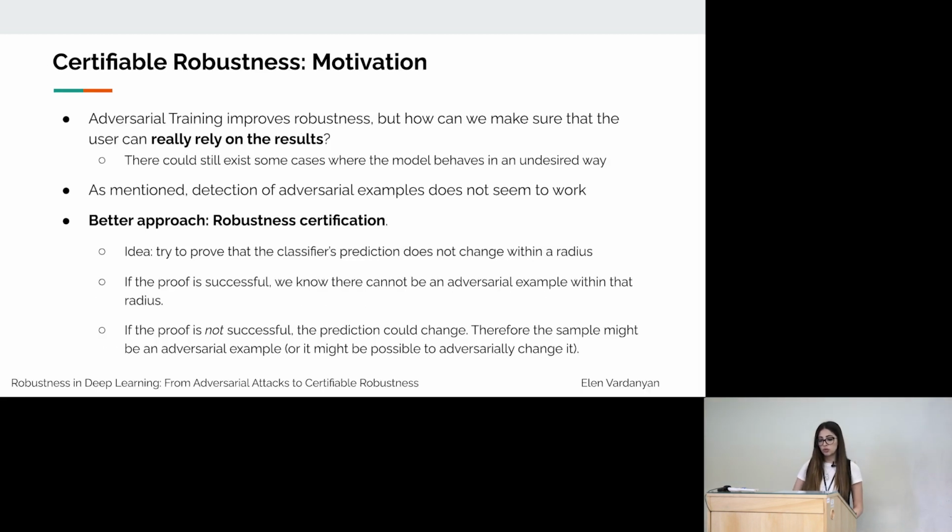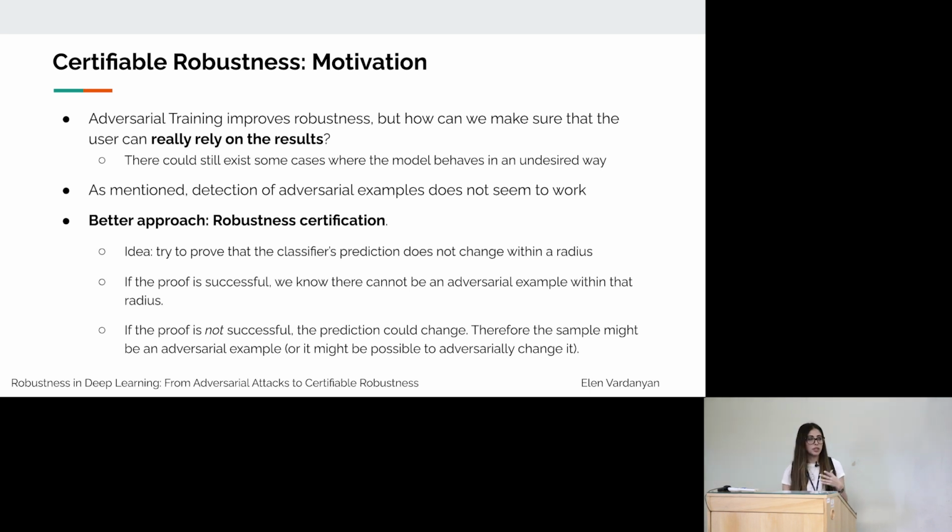Okay, so moving on to certifiable robustness. Why do we need it and what is it? Even though adversarial training improves the robustness, as we just saw, we actually want to make sure that the user of this network can actually rely on the results. So be sure that this model is adversarial free, sort of.